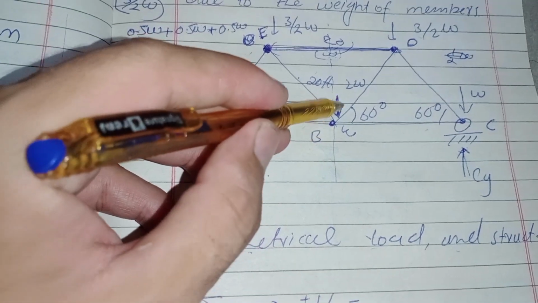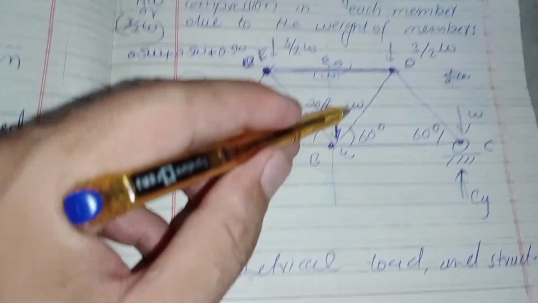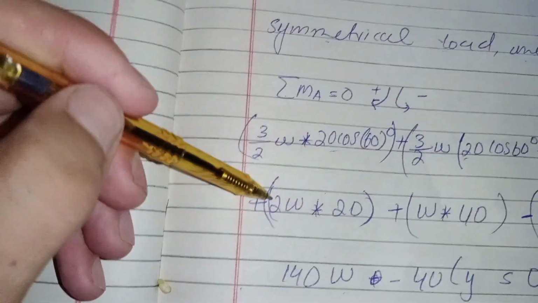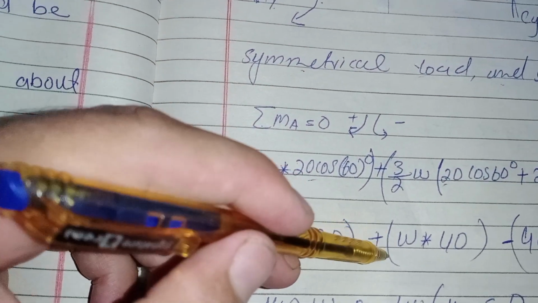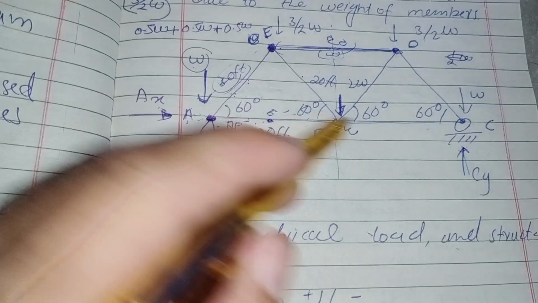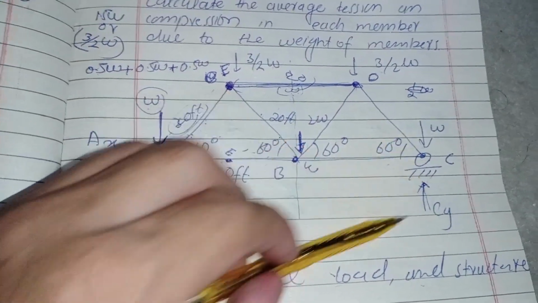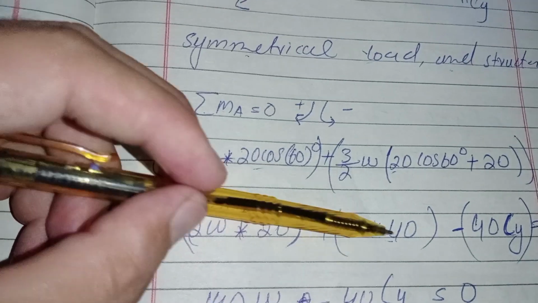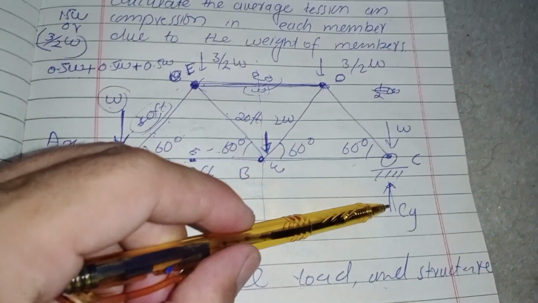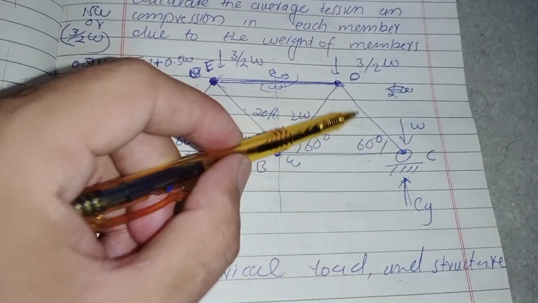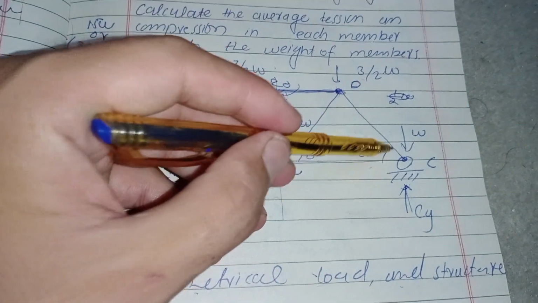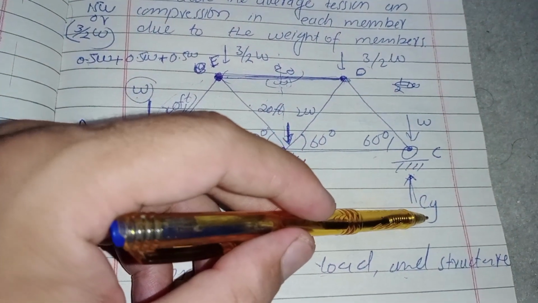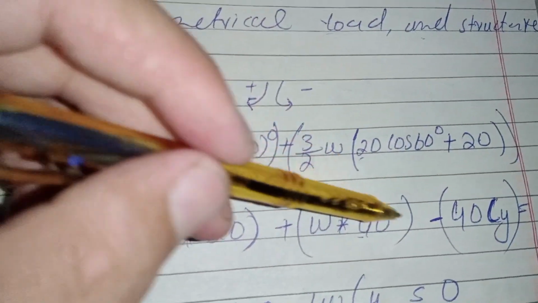Okay, this force is 2 W, and the distance is 20, so 2 W into 20, plus W into 40; this is W, and the distance 20 plus 20 is 40. Then W into 40 is negative, which is this reaction force, since it makes anti-clockwise rotation, that's why there is a negative sign here.